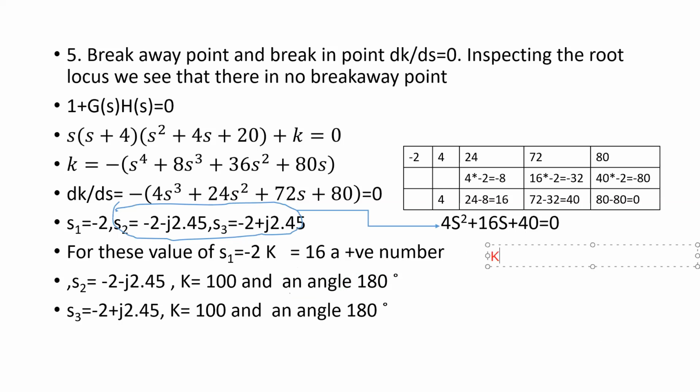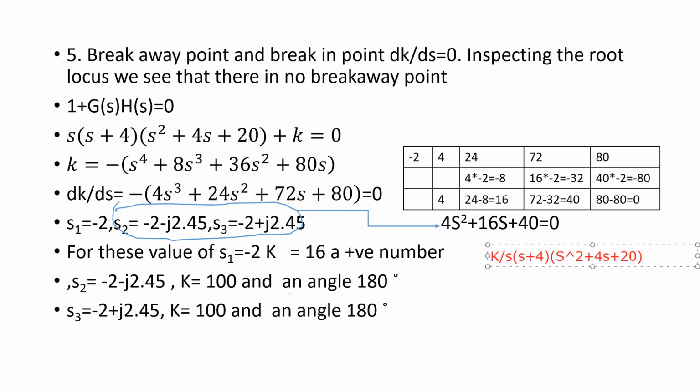The equation was k divided by s into s plus 4, then into s squared plus 4s plus 20, isn't it?